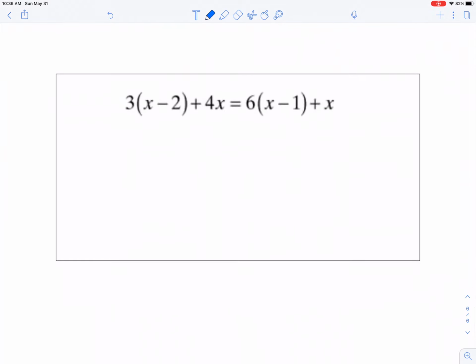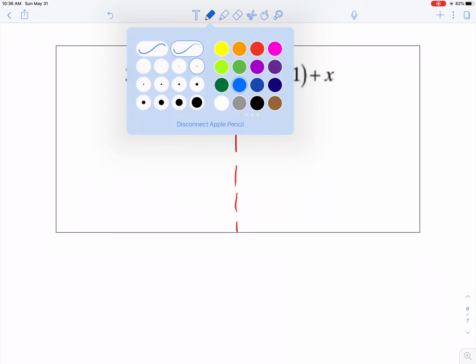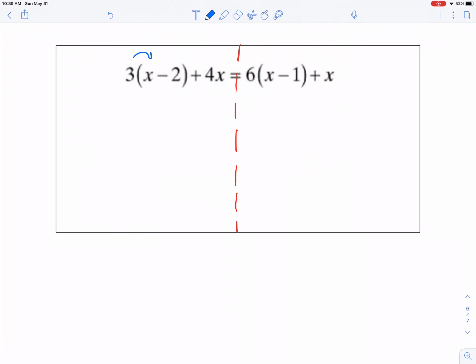And you can probably guess what this last one is going to be, but let me show you how it works out. So using my distributive property over this parentheses, copy down the 4x, use the distributive property over this parentheses, copy down the positive x.